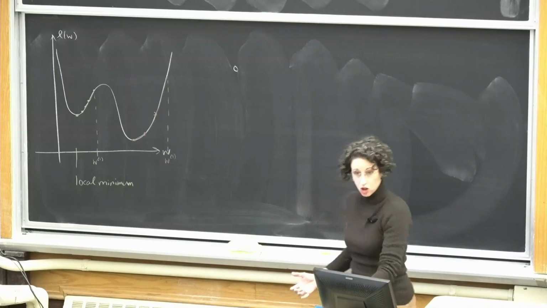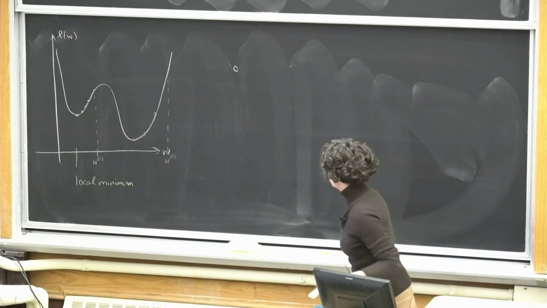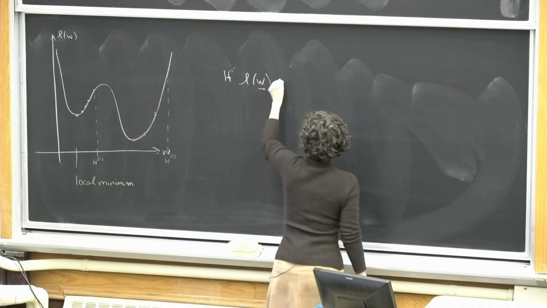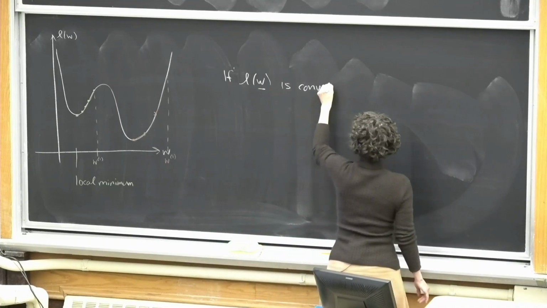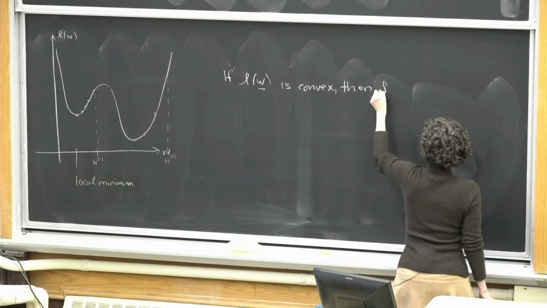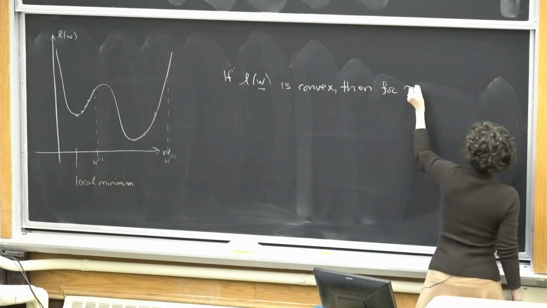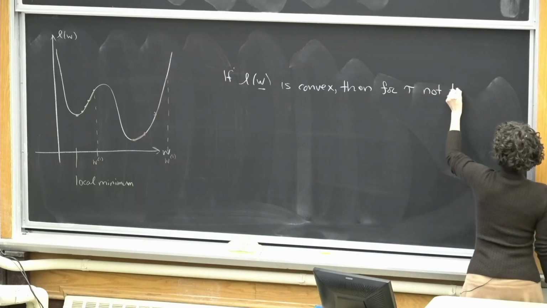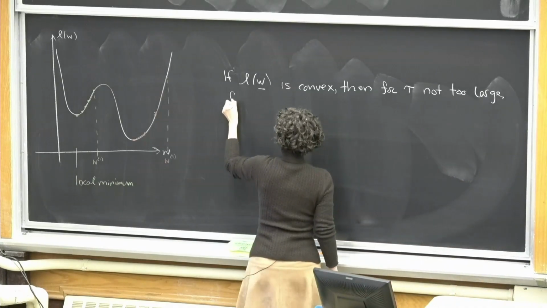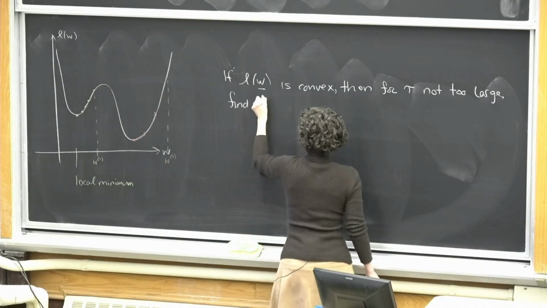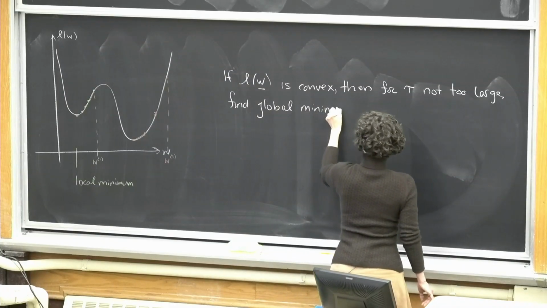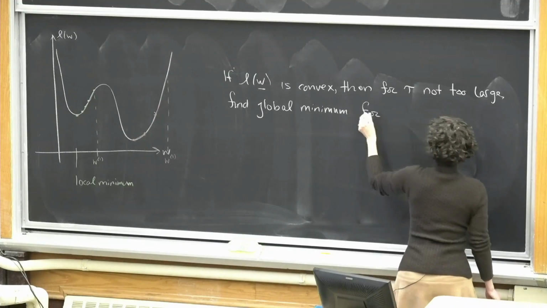So I started off by talking about convexity. And so the key point is if L of W is convex, then for tau not too large, we are going to find the global minimum no matter where we start.